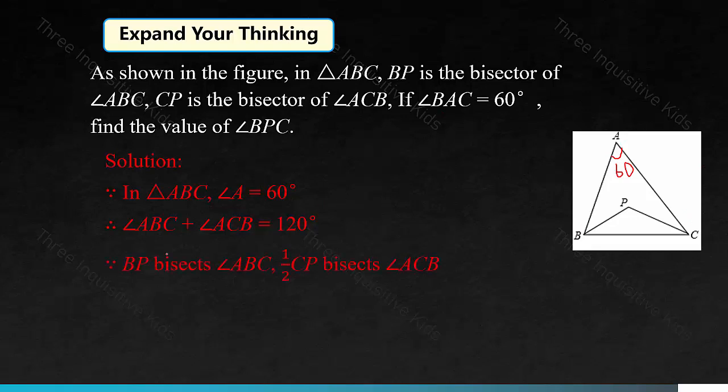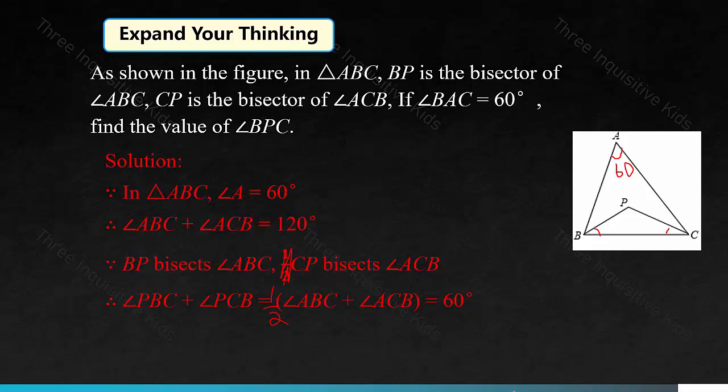We know that BP bisects angle ABC, and CP bisects angle ACB. Therefore, angle PBC plus angle PCB would equal 1/2 of angle ABC plus angle ACB, which equals 60 degrees.